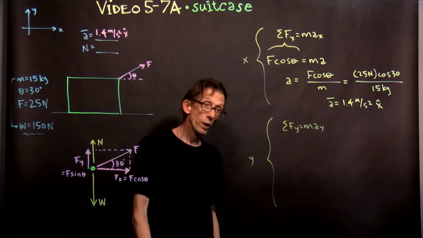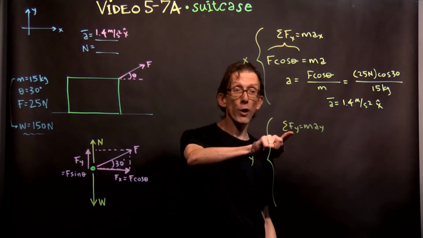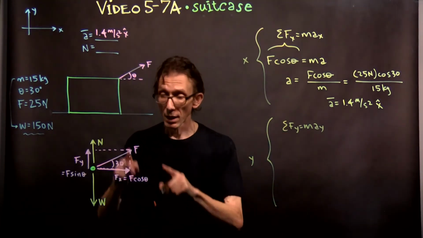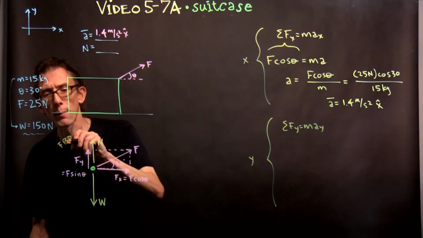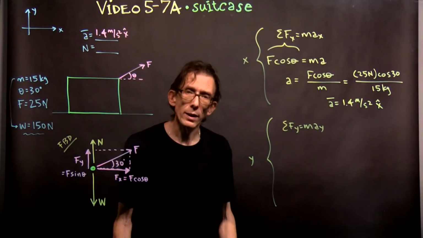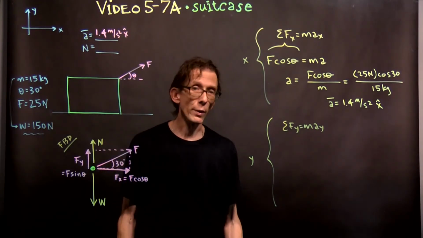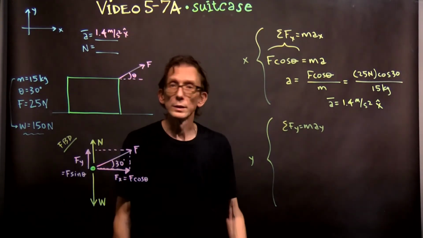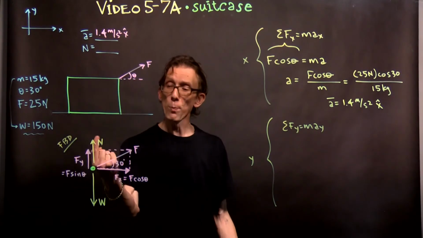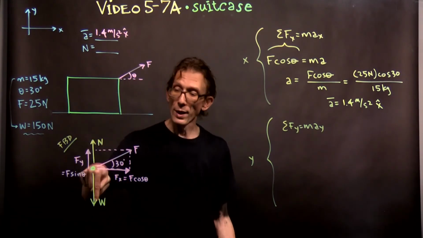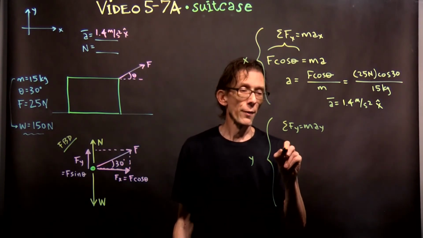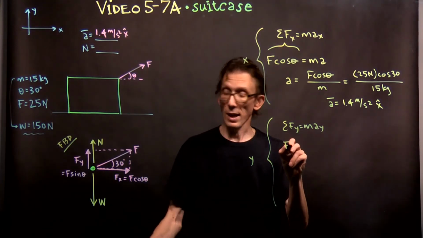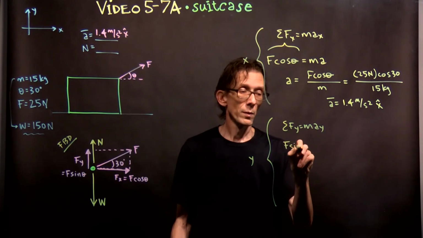So now we need to look at what all the forces are in the y direction. Again, your free body diagram will give you everything you need. If you learn how to read it, you can read it right off like a book. Super awesome. We have 2 positive forces and 1 negative force. Let's write them down. We're going to have Fy, which is F sine of theta.